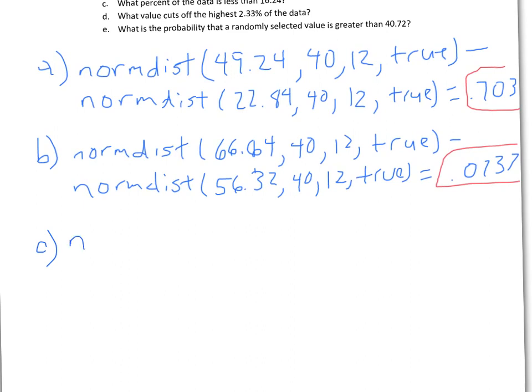So I want NORM.INV, the thing that cuts off 1 minus 0.0233. Now, I don't have to even know what that is. I mean, it'll find it for me. But you just have to plug it in. Or you could put in there 0.9767 if you wanted to, comma 40, comma 12. And when you do that, you're going to get 63.88.